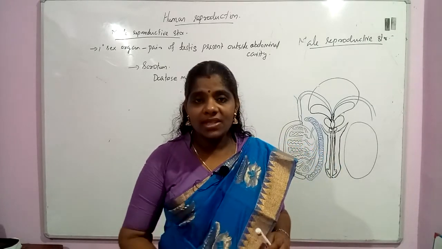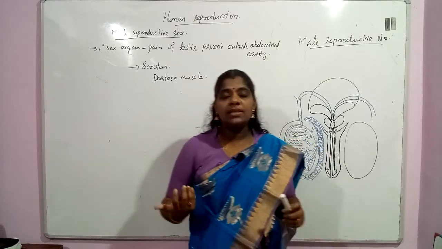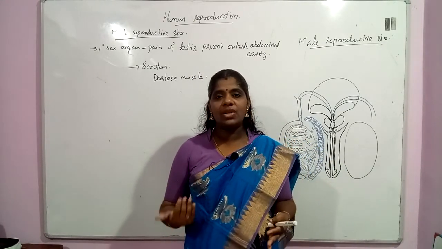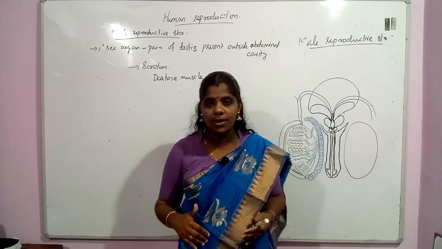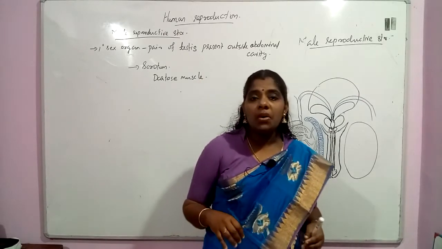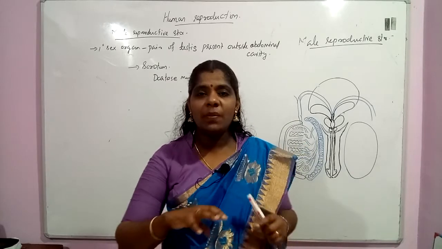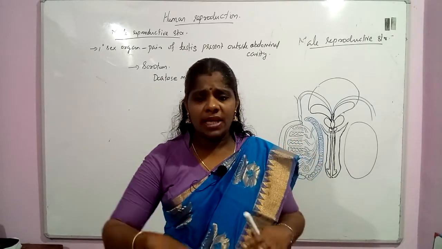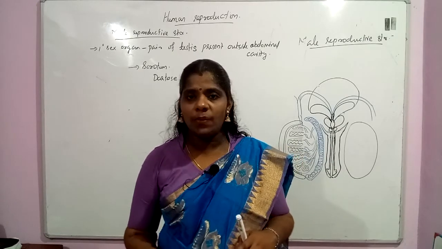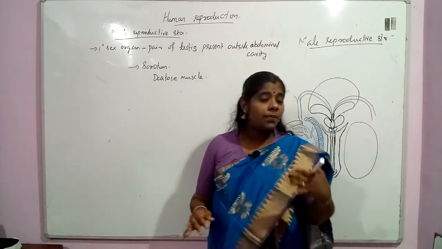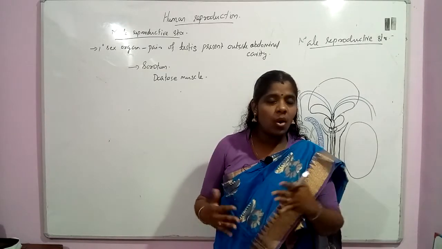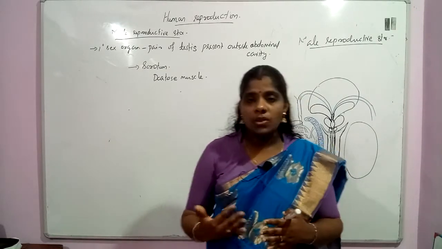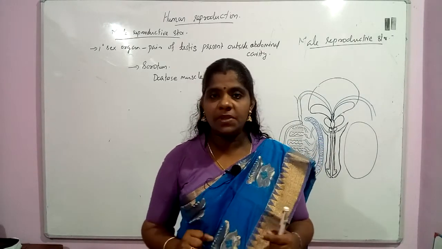When relaxation happens, the testis will be a loosened structure, so the temperature inside the testis is further reduced. If it undergoes contraction, there will not be much surface area around the testis, so the temperature will not go out more. So the testis will keep some temperature.